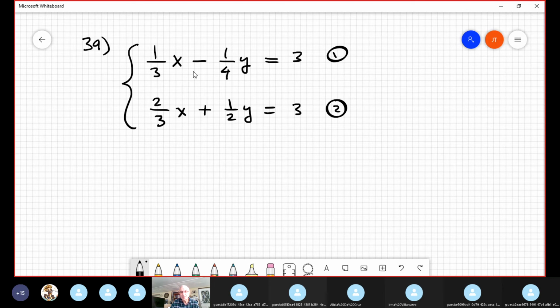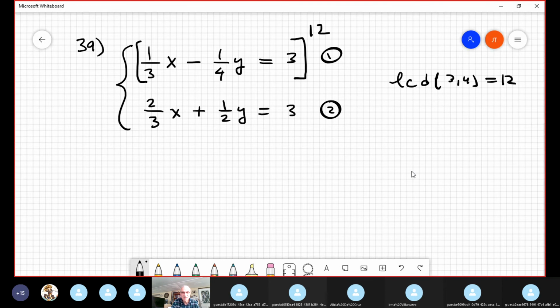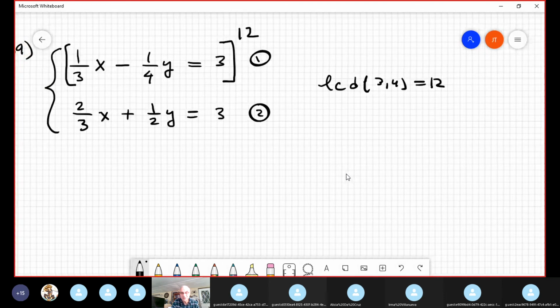You multiply. In this case, a little bit more complicated, but you multiply by the least common denominator. The least common denominator between 3 and 4 is 12. Now you multiply the entire equation 1 by 12. Let me take advantage, I promise in a moment I will explain with more accuracy the idea of the least common denominator, but it's easy.